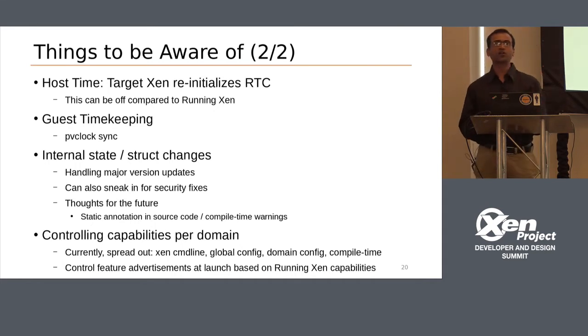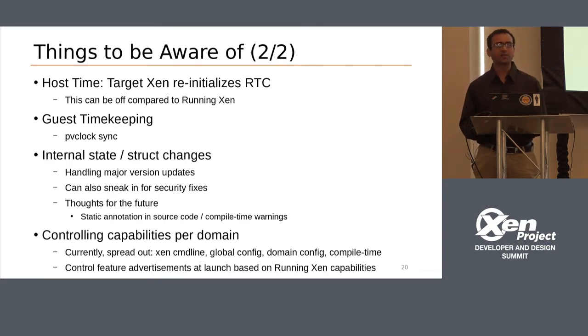The last point is controlling capabilities. I mentioned enabling new features as a potential reason why we want to do this, but we cannot just advertise new features to already running guests. That confuses guests, and it's a change at runtime for guests. We do not want that, but we want these new features to be enabled during launch. Currently, the features are very spread out in the way Xen specifies what the configuration of a host is going to be.